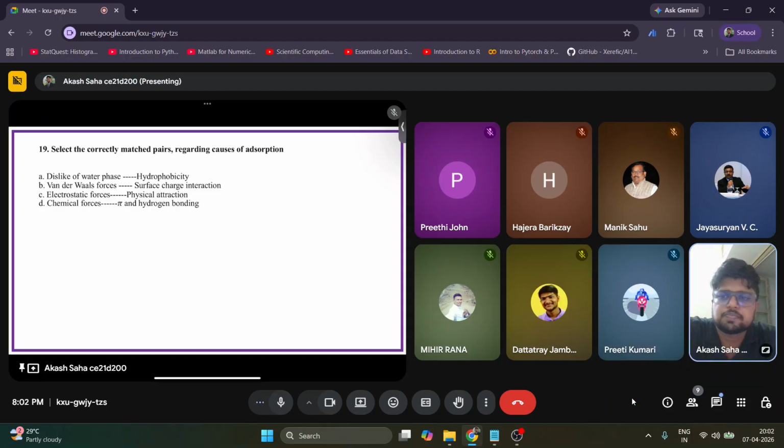Okay, so A and D are correct because we just discussed. Hydrophobicity is water hating or dislike of water phase. Van der Waals forces are physical forces, not necessarily based on the surface charge interaction. It can be a dipole-dipole attraction.